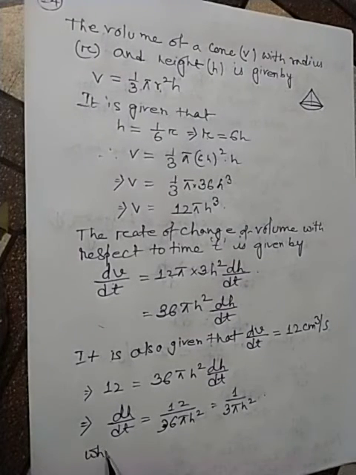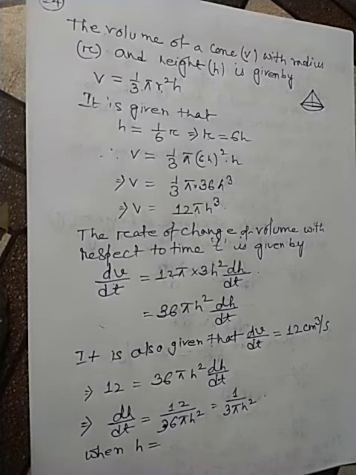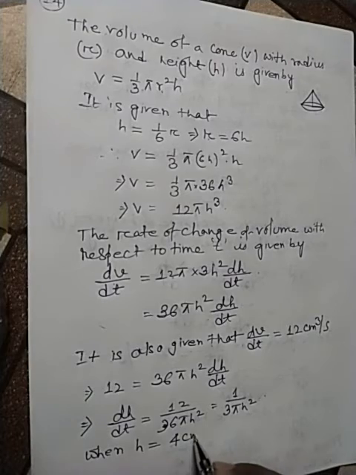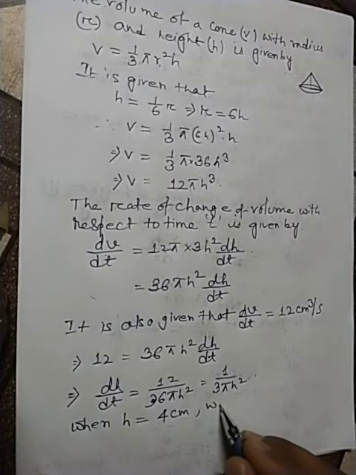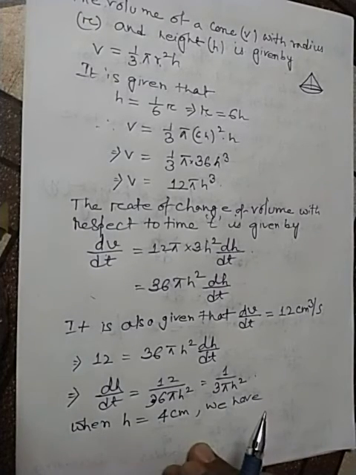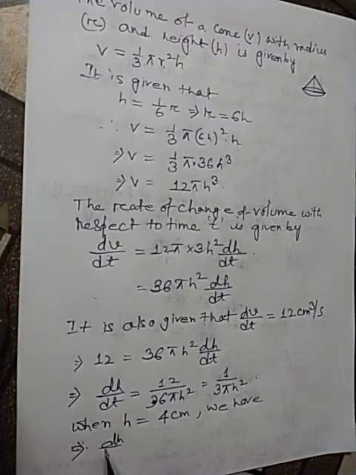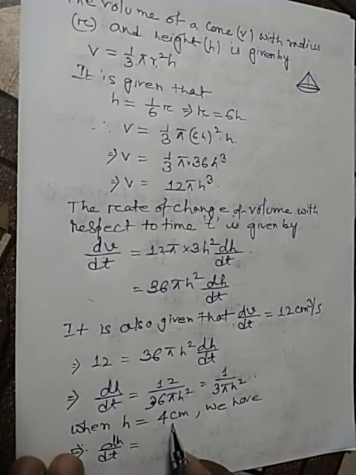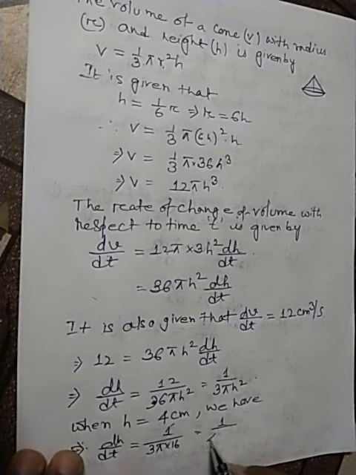So when h equals 4 centimeter, replace h by 4. Therefore dh by dt equals 1 divided by 3 pi h square, that is 4 into 4 is 16, so 1 by 16 into 3, which is 48 pi. Clear?